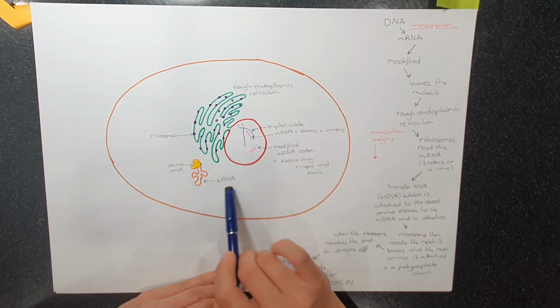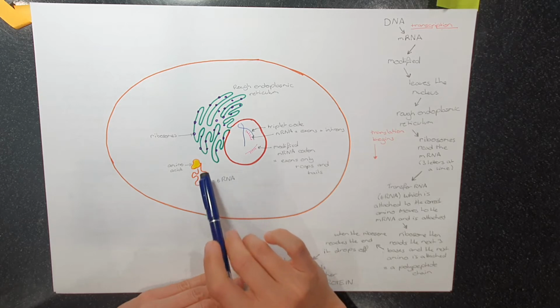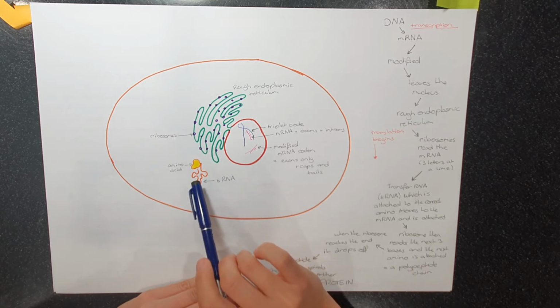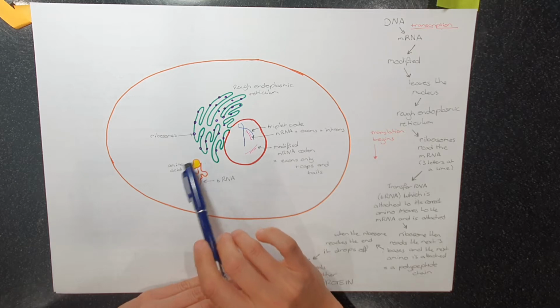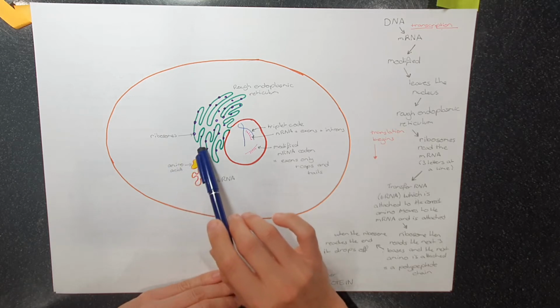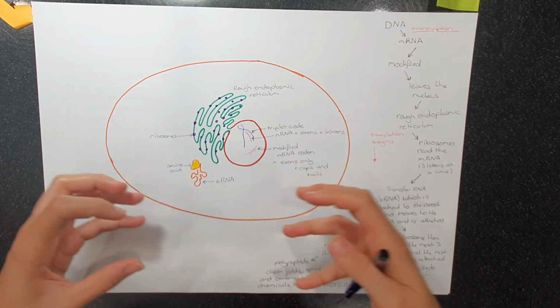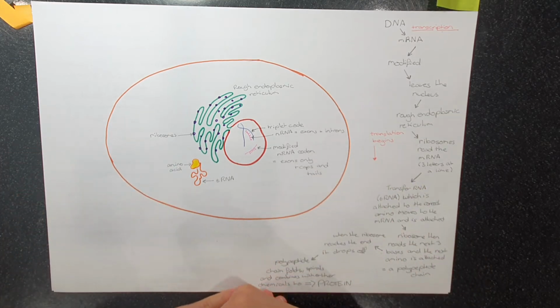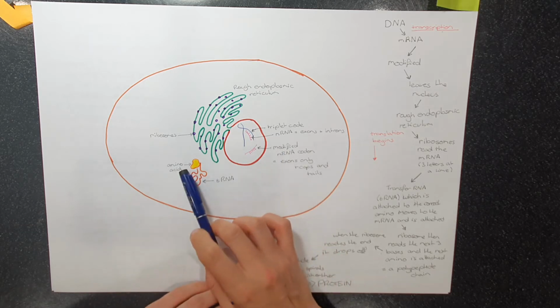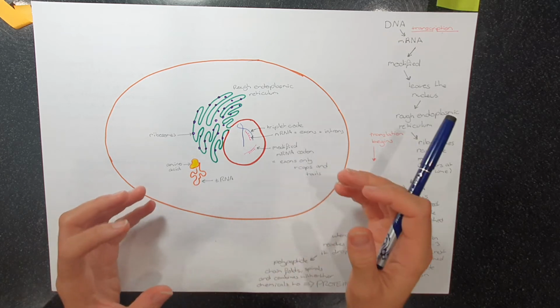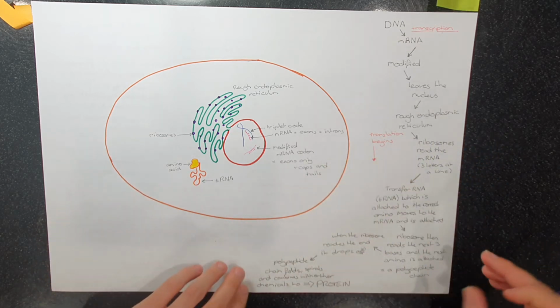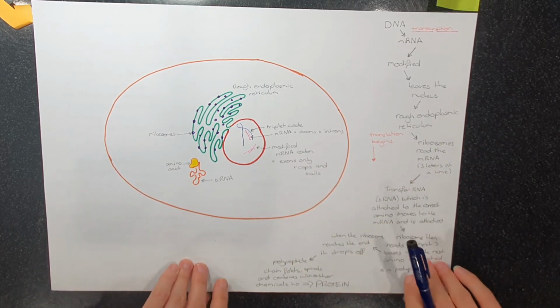The tRNA molecule is used to bring the amino acid to the ribosome, and the ribosome sticks the amino acids together to create a protein. So something else you can gather from this is that proteins are built from amino acids. So many amino acids together make a protein. All right, let's have a look.